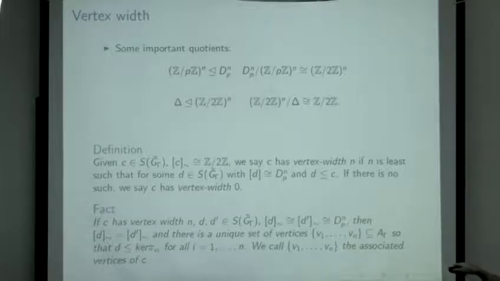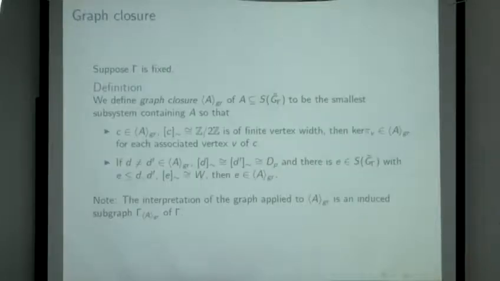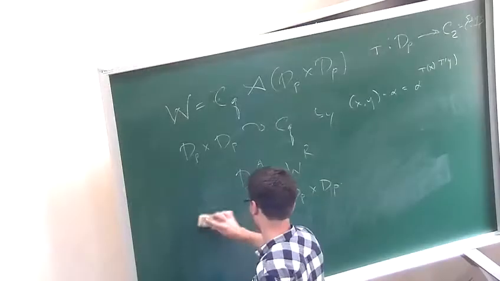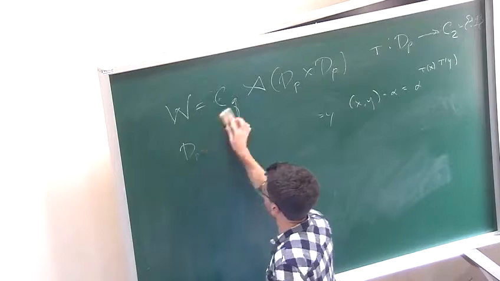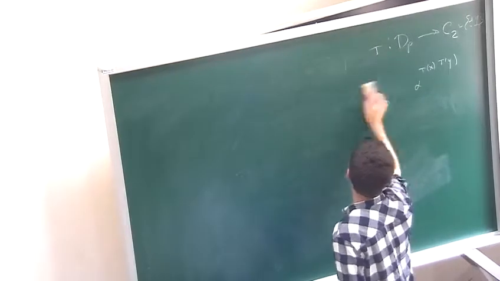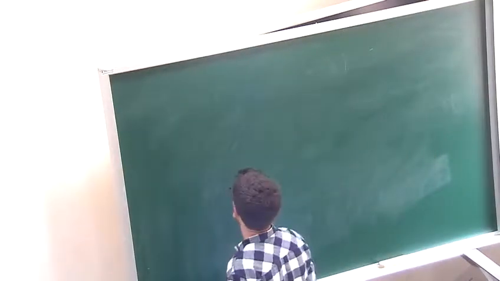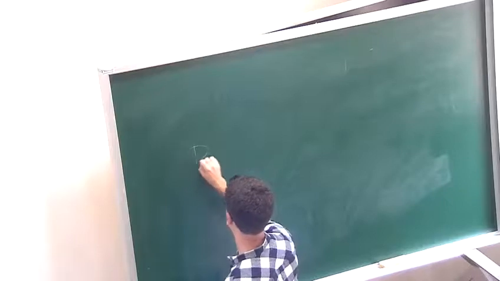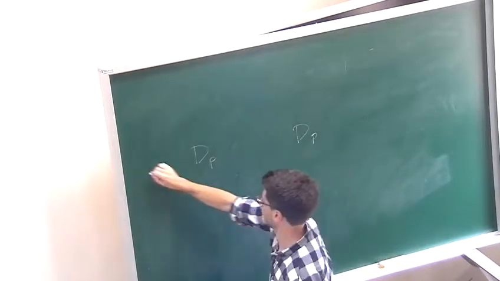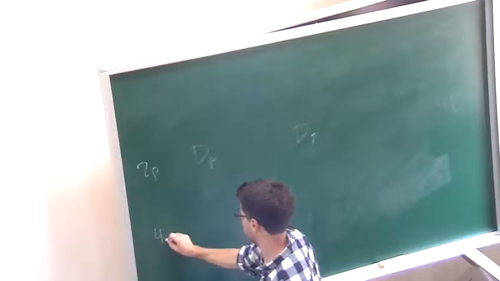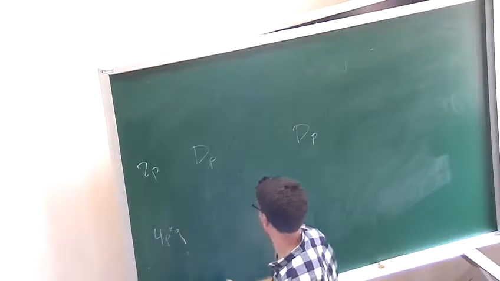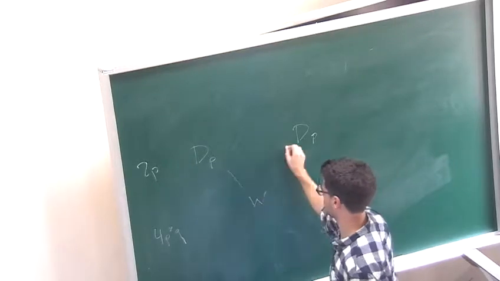Here's one thing that is certainly true. Let me rewrite the fact in the following way, on the board very quickly. If you have D_p and D_p sitting at level 2p, and you take a 4p squared q, then there's a unique W sitting on top, if there's one at all.